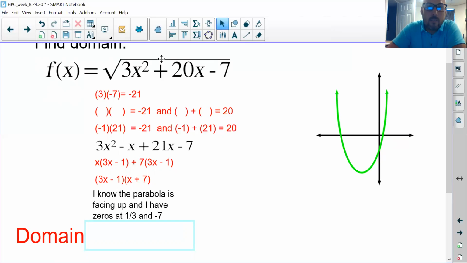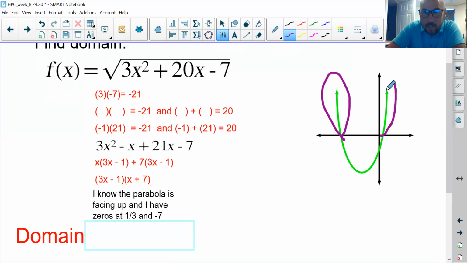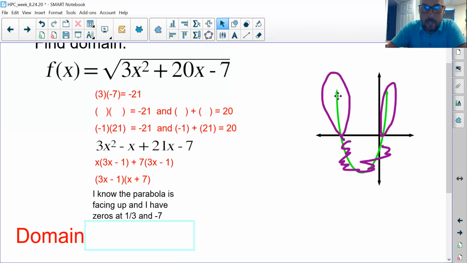But if I take the square root of that, then remember, I can only take the square root of positives. I can't take the square root of these negatives. So my domain are the x values that produce these y values and these y values.